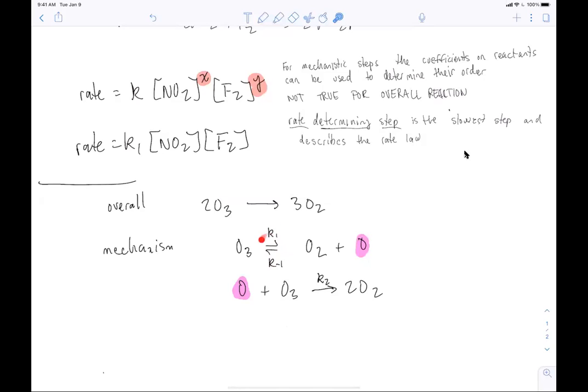The weird thing here is that we have equilibrium arrows, and we can see that there's a K1 going in one direction and a K-1 going in the opposite direction.